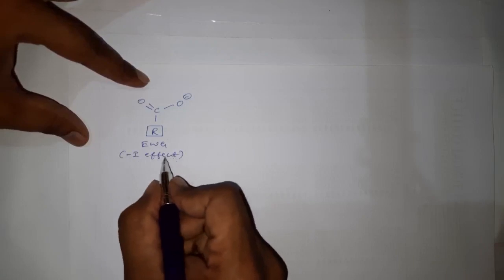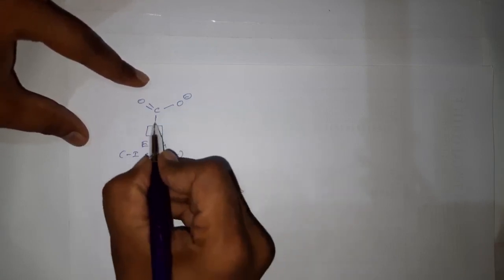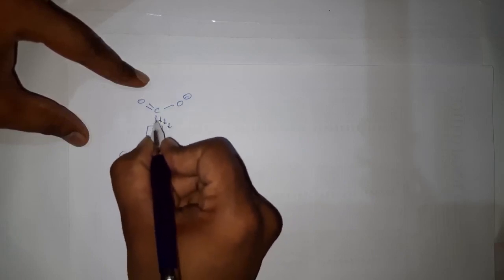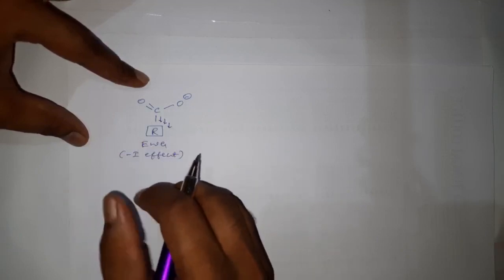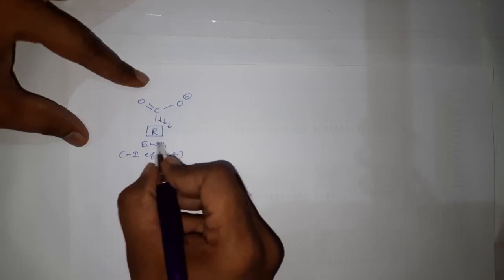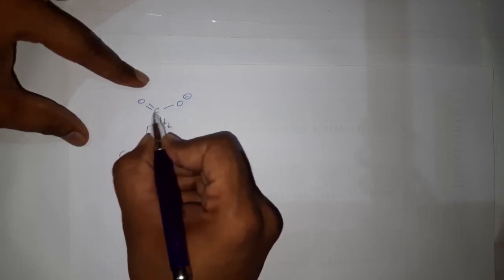Negative inductive effect in the sense that these groups will drag the bonded pair of electrons towards themselves. These bonded electrons are dragged by this group towards themselves, and as a result of this negative inductive effect of the R group, the electron density around the carbon will decrease.